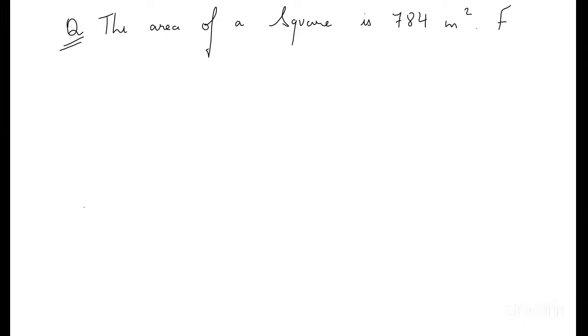Try this question. The area of a square is 784 meters square. Find its side.